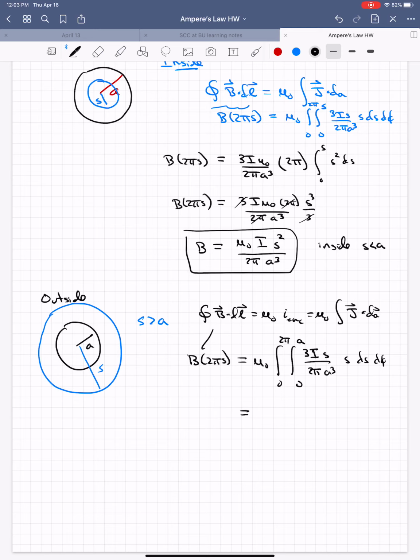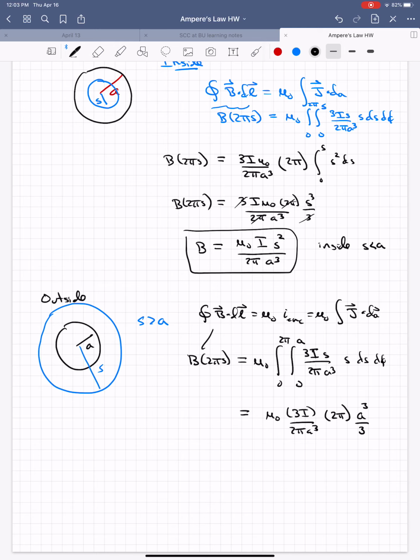And so on this side, I'm going to have mu naught, and the 3 and the I and the 2 pi and the a cubed. Those are all constants. When I do the phi integral, I'm going to get a 2 pi. When I do the s integral, I'm going to get a cubed over 3, because the integral of s squared ds is s cubed over 3, and then I evaluate it from 0 to a.